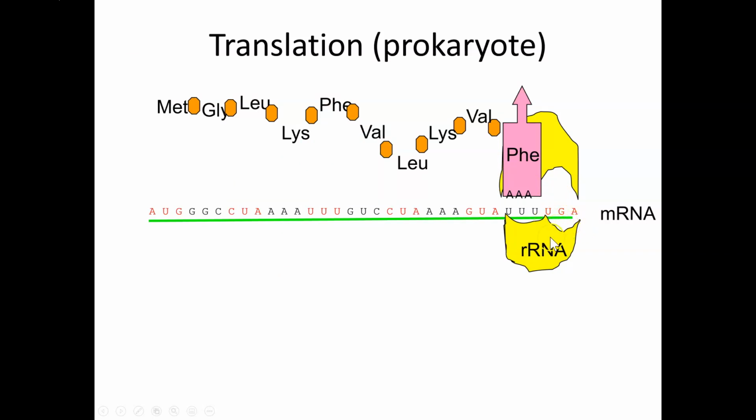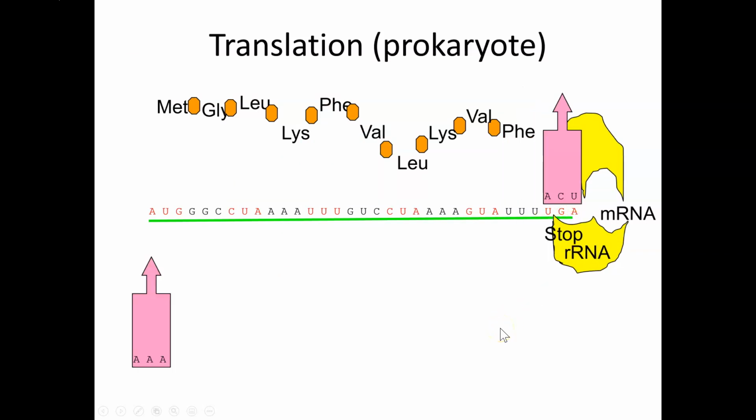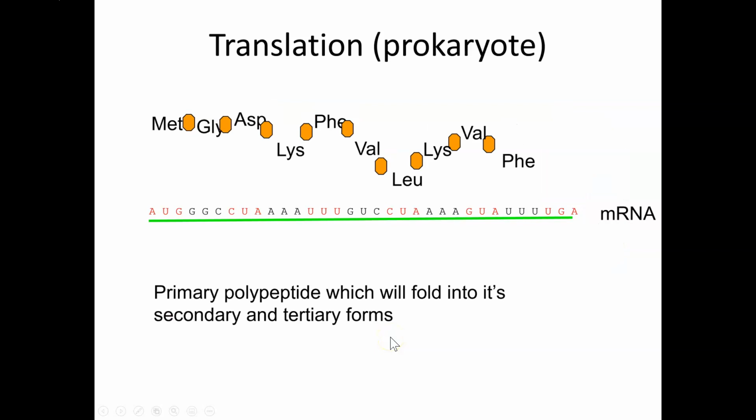So in this case, UGA is the stop codon. And once we hit that stop codon, the ribosome comes apart. The protein is able to be folded into its functional form. And the transfer RNAs can go and pick up more amino acids. So that is translation.